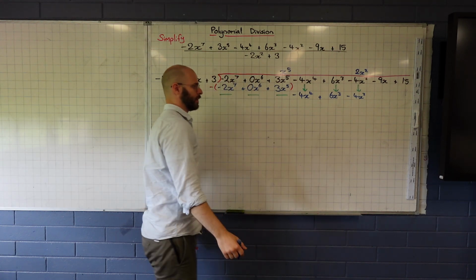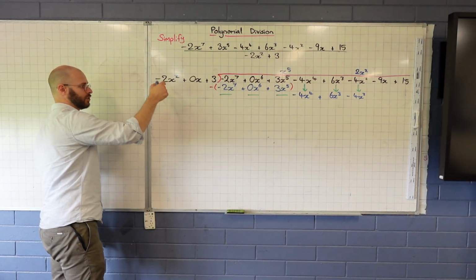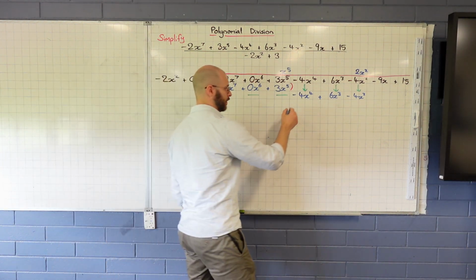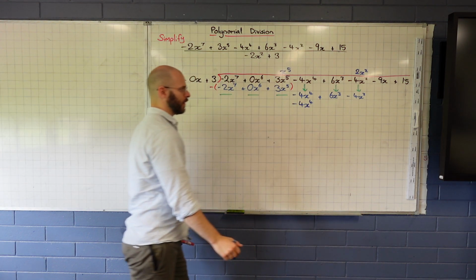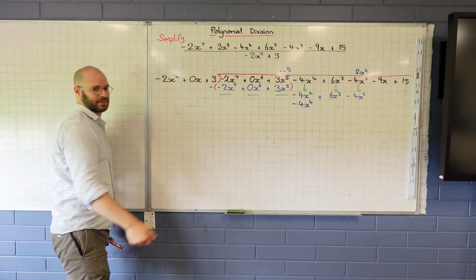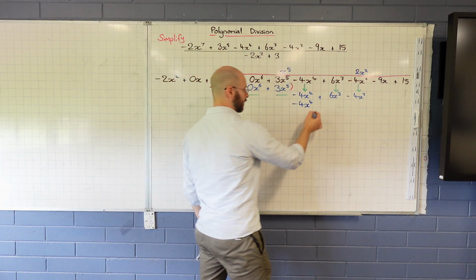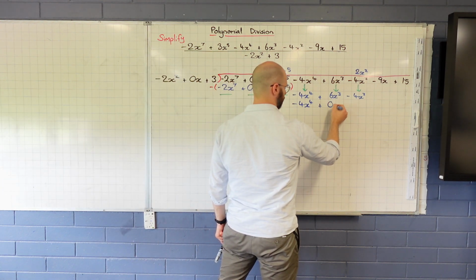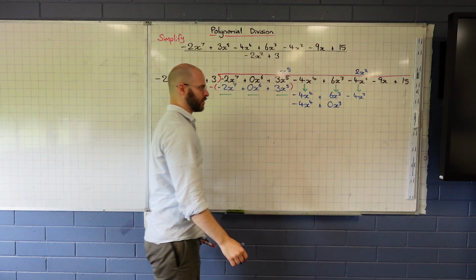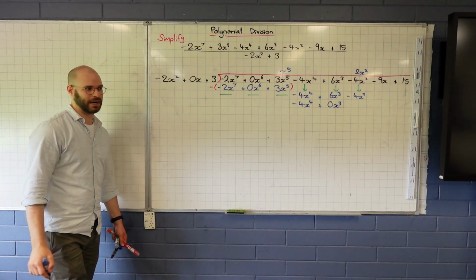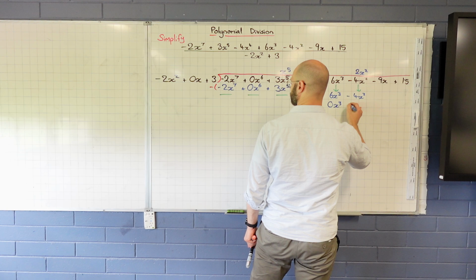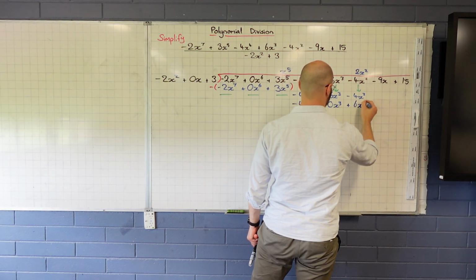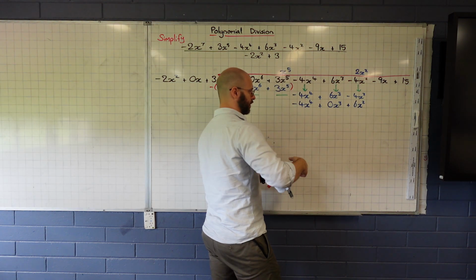And I just do the multiplication. 2x squared times minus 2x squared is minus 4x to the power of 4. 2x squared times 0x is still 0x to the 3. 2x squared times 3, Brad? 6x squared.